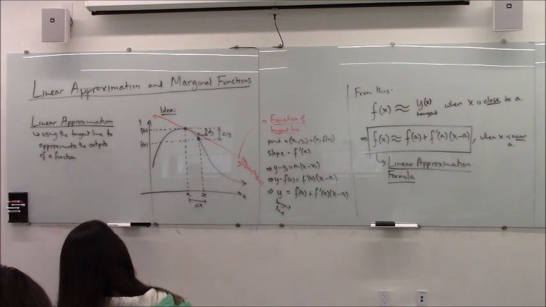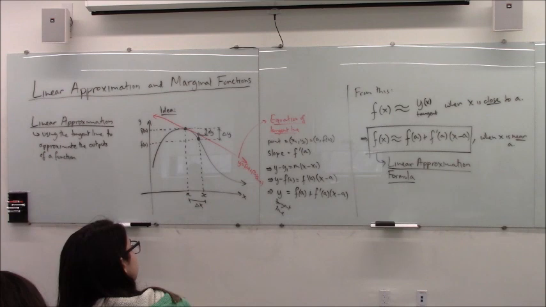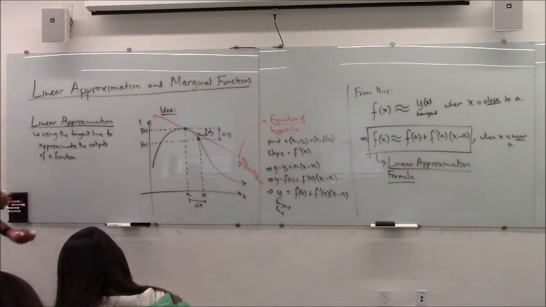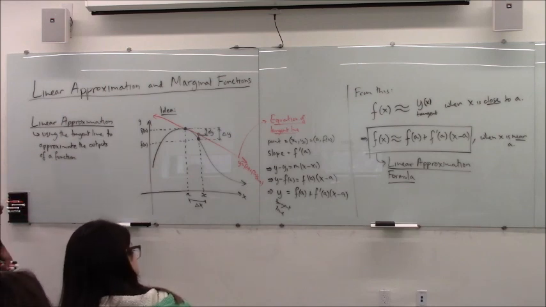Now, what I want to do is go through a couple of silly examples for you to see this formula in action, and then we'll probably move on to the next topic. The kind of question I would ask you here would be exactly the kind of question I asked at the bonus. I'm going to give you some function or some value that you want to approximate, and you're going to use this formula to get an approximation to that answer.